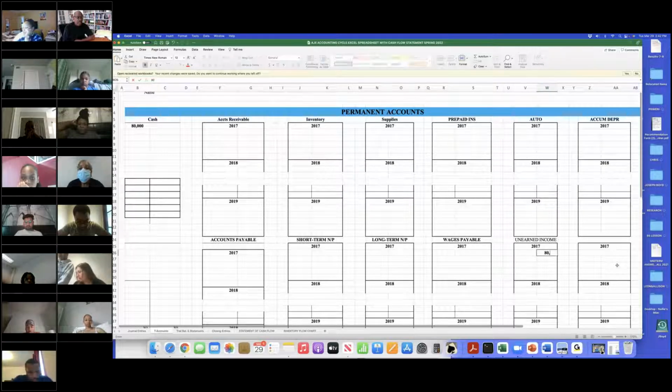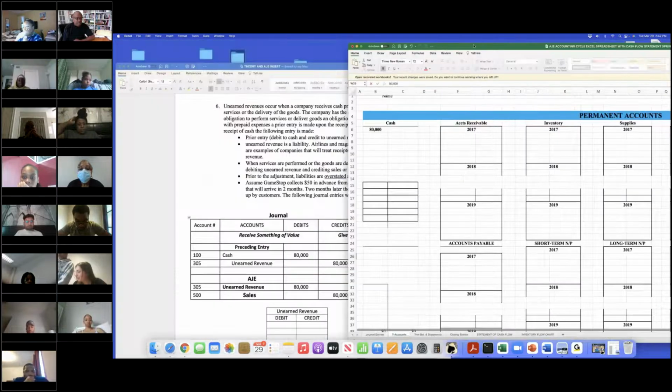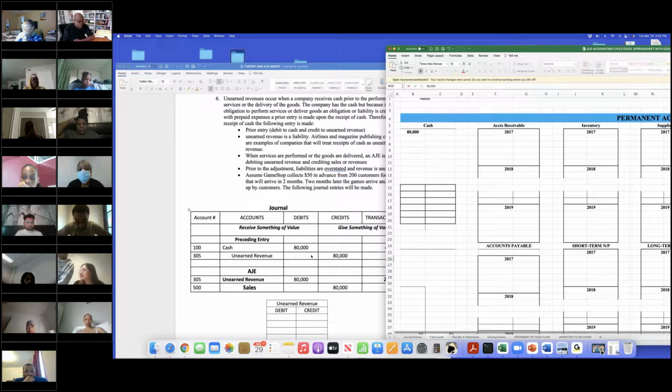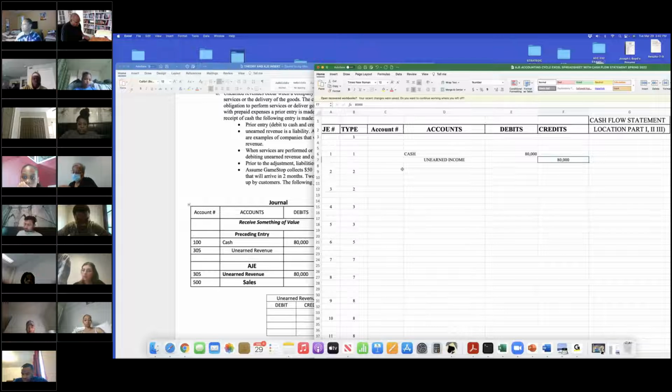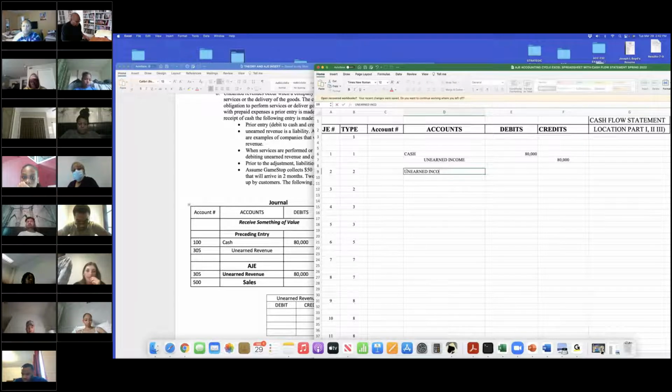Then the next thing happened, we collected all of the income. We delivered all of the games. So we go to journal entries, and because the games have been delivered, we can now debit unearned income, which is a liability account. We can now credit sales for the 80,000 because all of that income was collected.